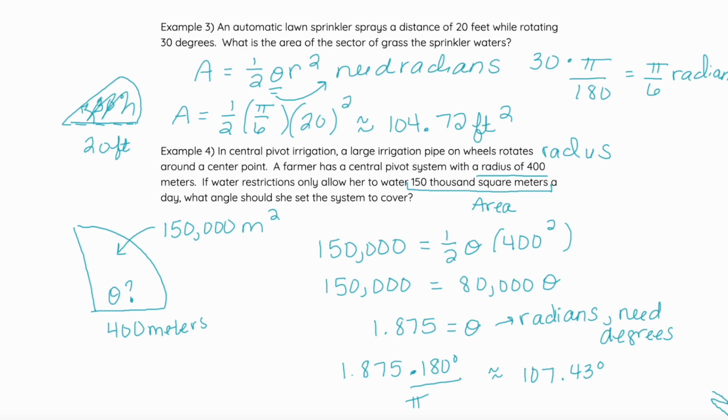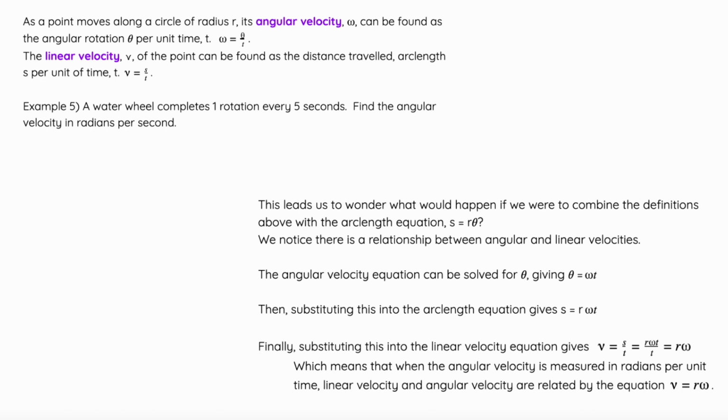The next thing we need to talk about to end our lesson is angular velocity, which is the speed we're going in a circular pattern, and linear velocity, the speed in which we're going in a straight manner. It says that as a point moves along a circle of a radius, so we're thinking of a car tire or a bike tire or pickup tire, it can be found as the angular rotation theta per unit of time.